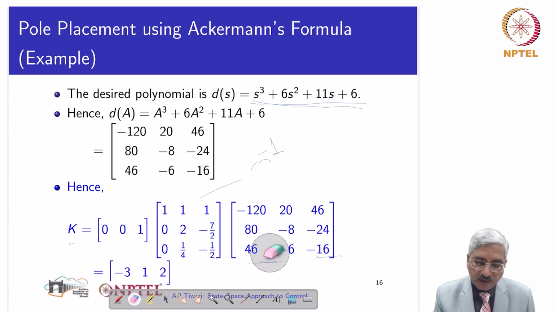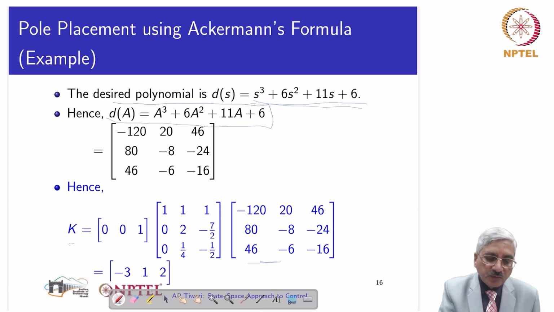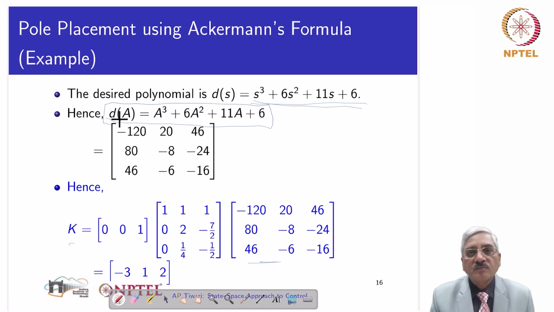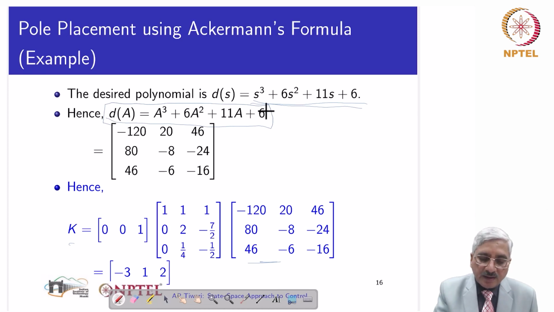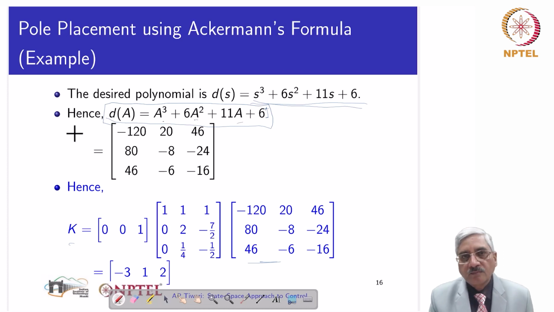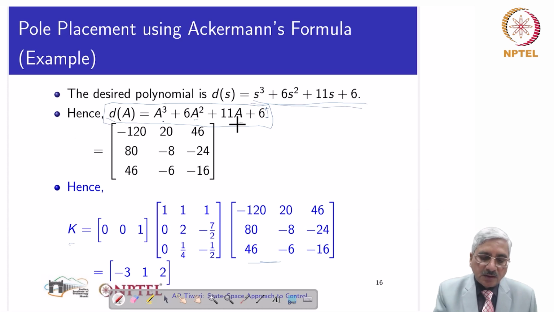When we make use of Ackermann's formula, we have to evaluate this dA, and dA starts with identity, then A square, A cube, etc. Now if the A matrix is not properly conditioned, if some elements are small, some elements are large, then A square, etc., will give us bigger and bigger numbers.